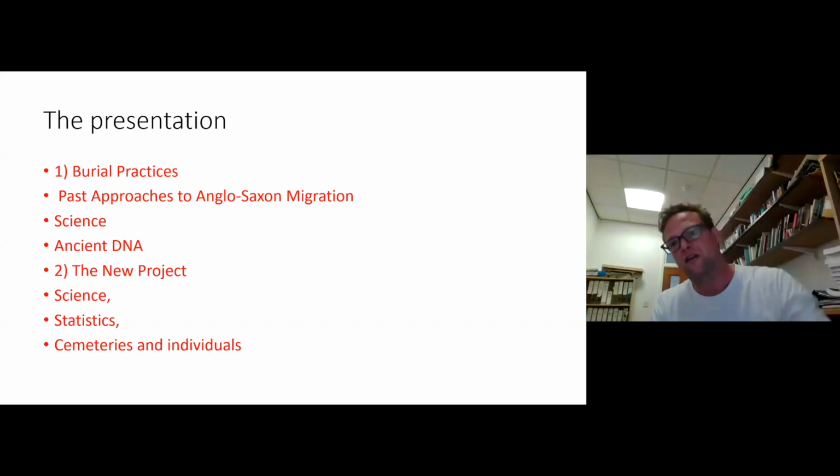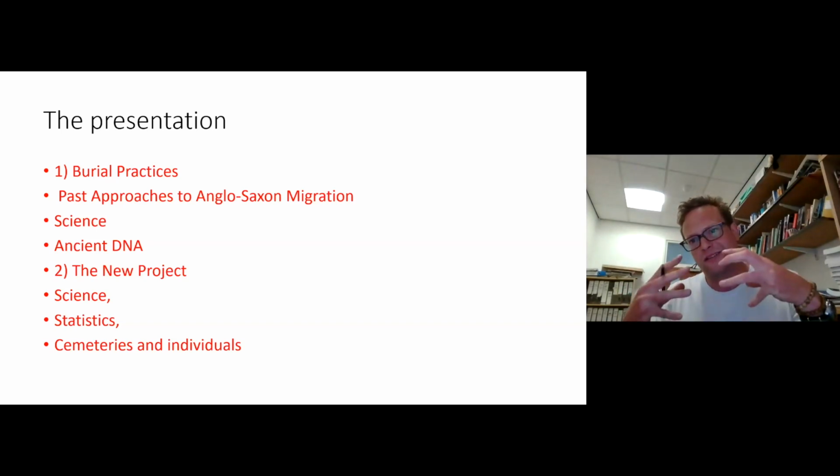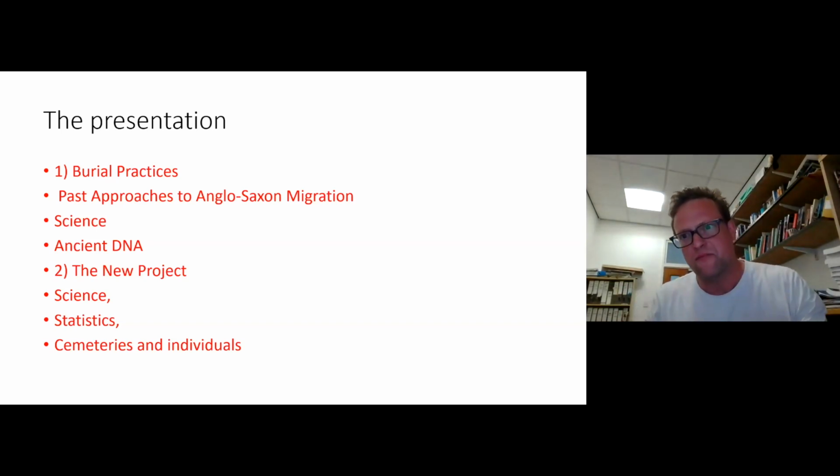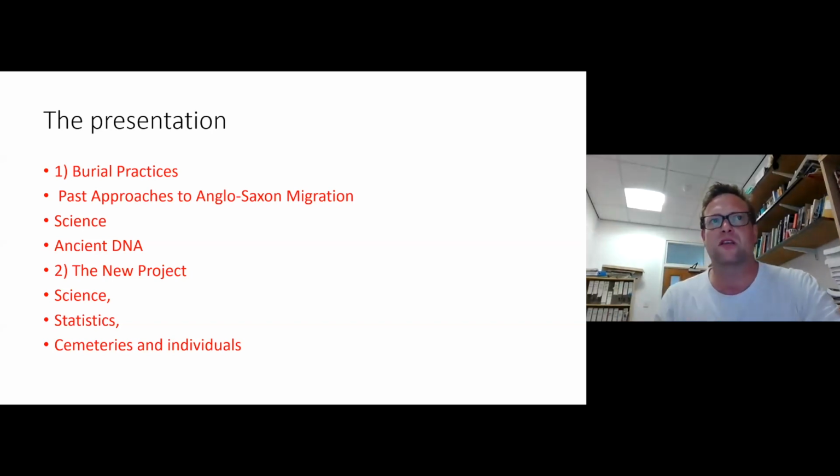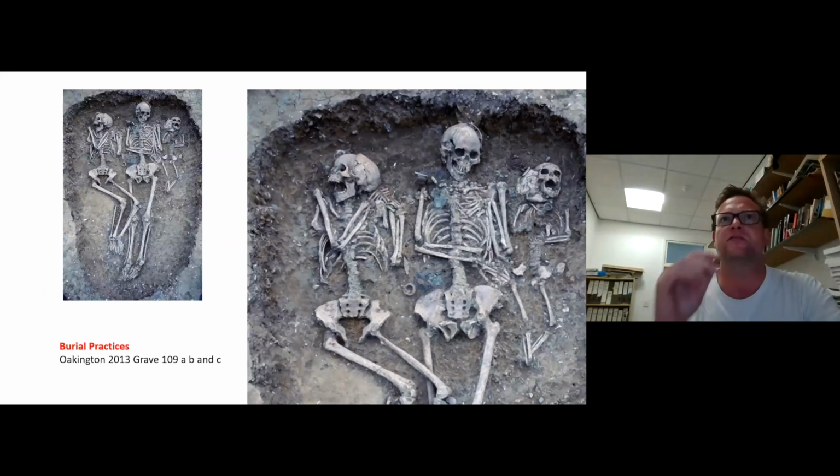For the second half of the presentation, and it will be over half of my talking, I'll focus on the new project, the new scientific information, statistics to a lesser degree, and then hopefully really start talking about the cemeteries and the individuals and what it all means, just to give you a sort of account of how it's going to flow. And I've put those subheadings in across the presentation, so you should see that as it moves past.